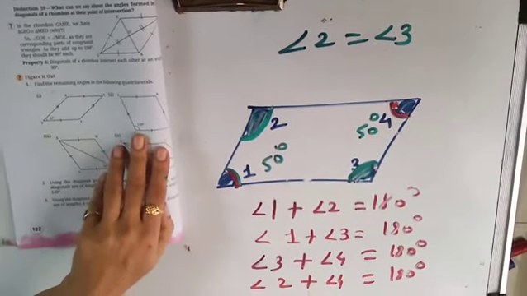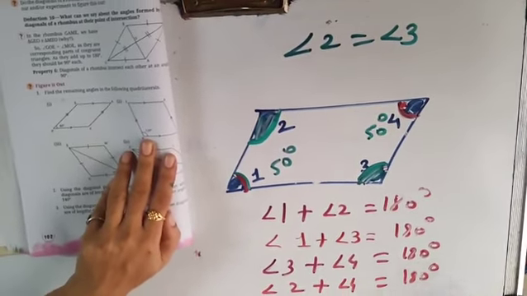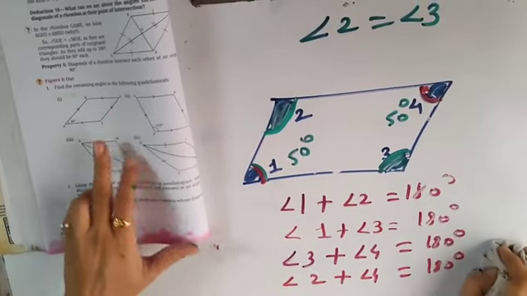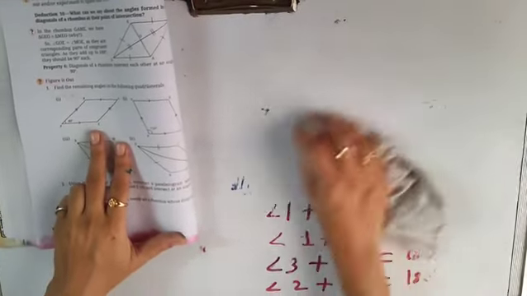Again see here, which type of shape is given here? So here one parallelogram is given. Opposite sides are equal.